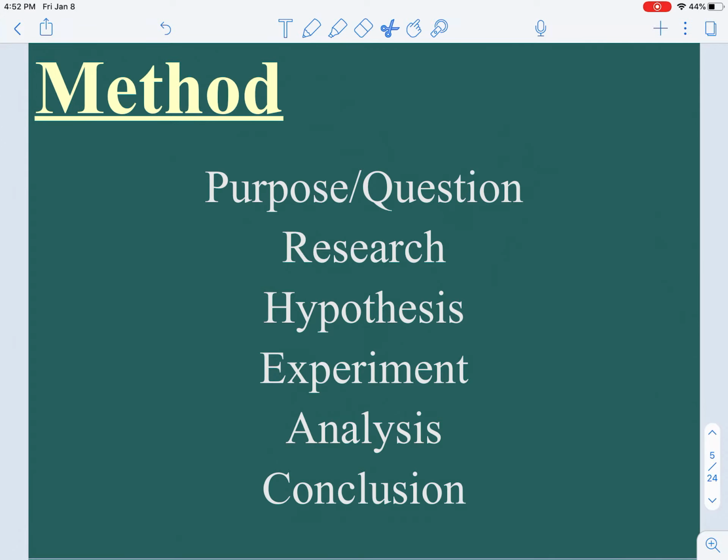So you should be able to formulate some sort of hypothesis there. You will perform the experiment, you will analyze the data that you collect, and then you will form your conclusion. Please make sure that you know what the steps of the scientific method are in order, because you will be tested over that knowledge.